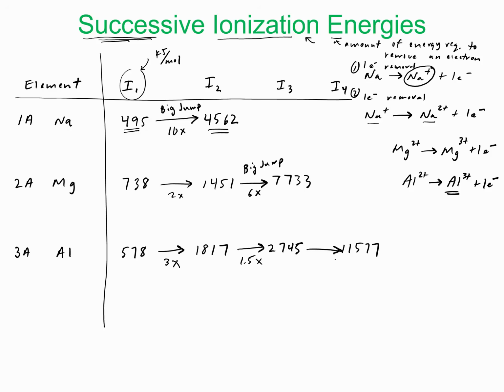I can't do math in my head. About 5 times as much? Maybe a little less than 5 times. So there's a very big jump here. So what can we use to try to explain what is going on here? That's what I'm going to have you try on the next slide.